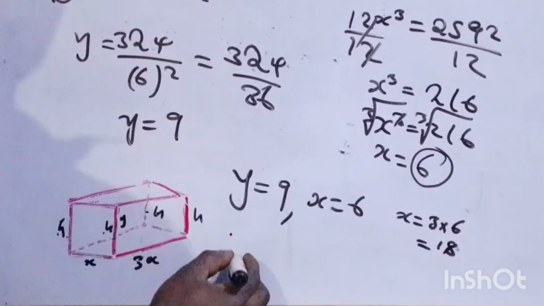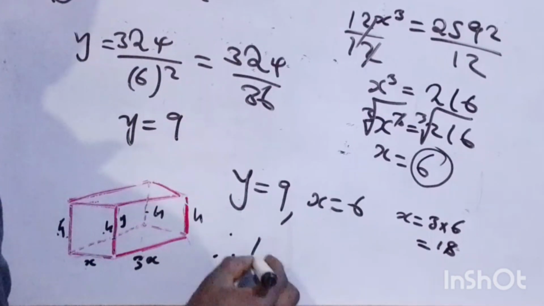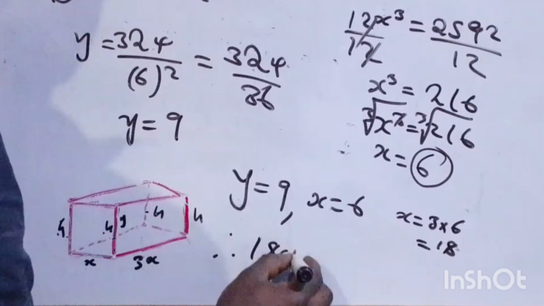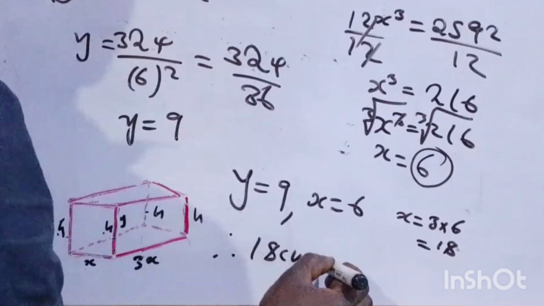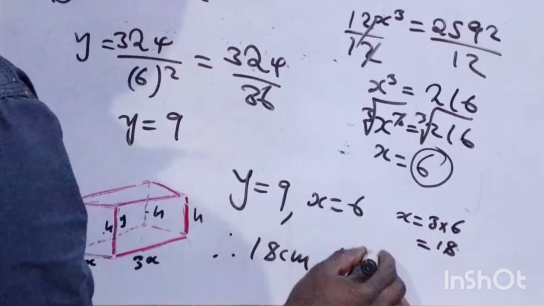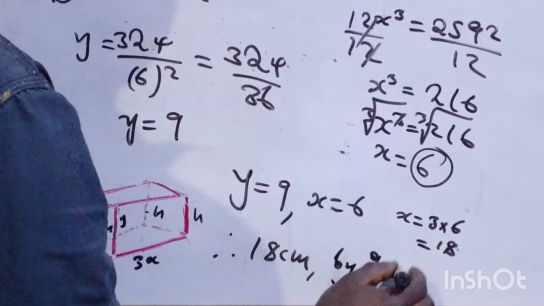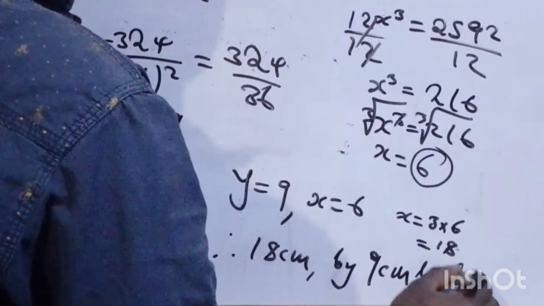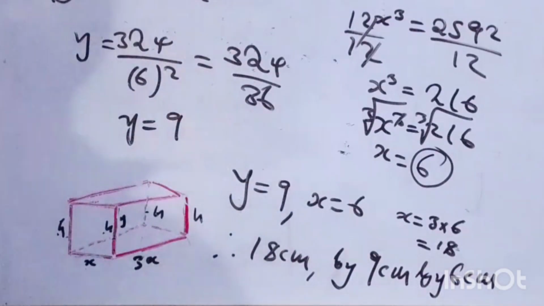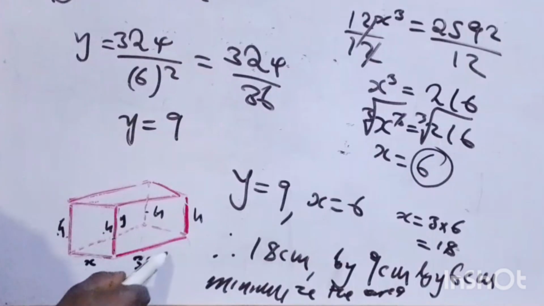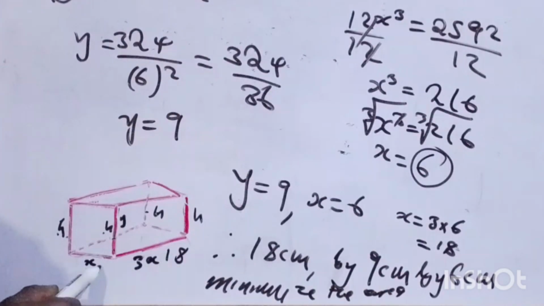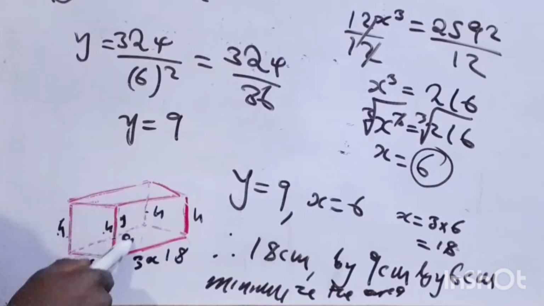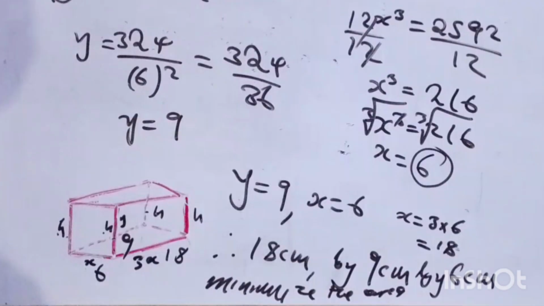So therefore we have 18 centimeter by 9 centimeter by 6 centimeter. So that we have found the dimension here. So here we have 18, here we have 6, here we have 9. So these are the dimensions which we are looking for.